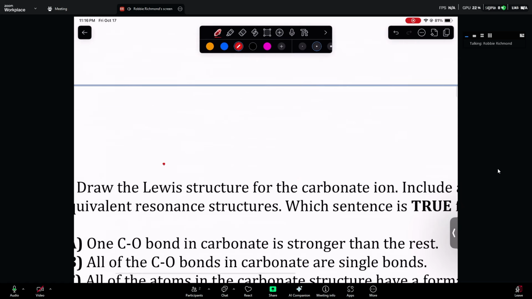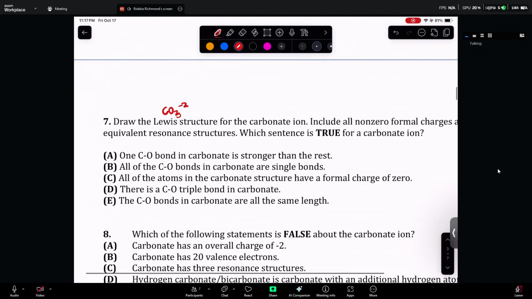So carbonate is CO2 negative... let me fact check myself. I'm pretty sure it's CO2 negative 2. I always forget these charges. Okay. CO3 negative 2. My fault. So CO3 negative 2 is carbonate.